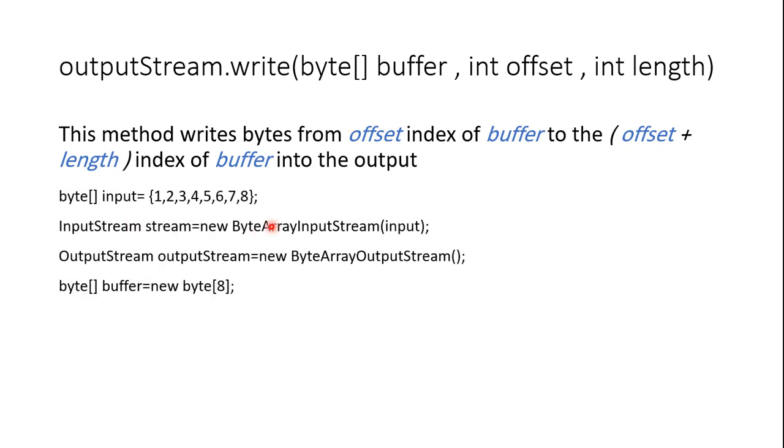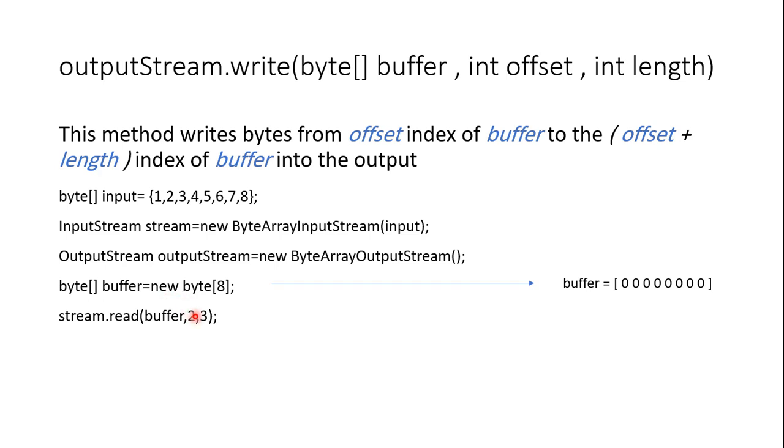We're getting an input stream from this input by constructing a ByteArrayInputStream and passing the input to its constructor. Then we're creating an output stream by constructing a ByteArrayOutputStream. At this moment, all buffer bytes are 0. Now we read 3 bytes from input and put them into the buffer array from index 2.